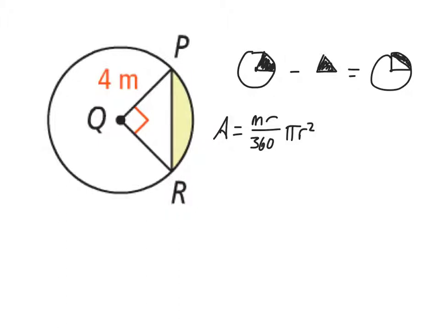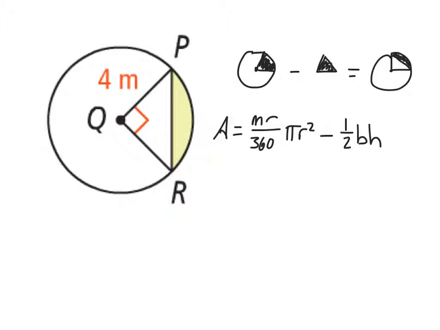And I want to subtract from that the area of the triangle, which we said was 1/2 base times height. So that is going to be our equation for the area of a segment. Okay? Yes? No? Yes. With me?